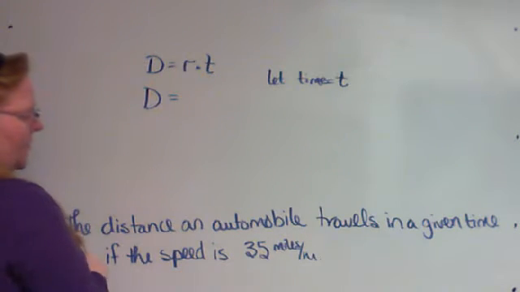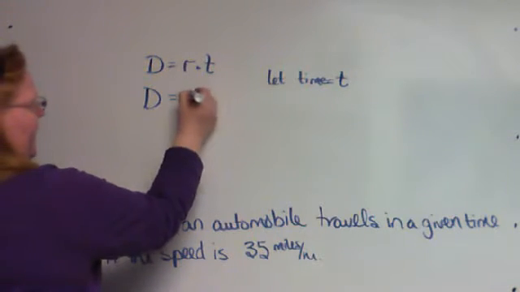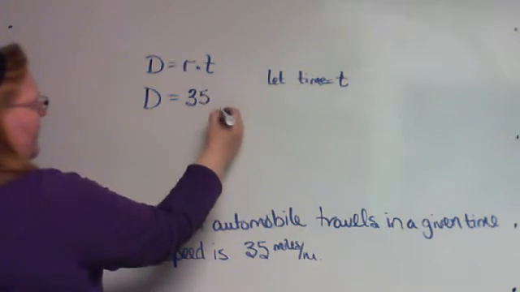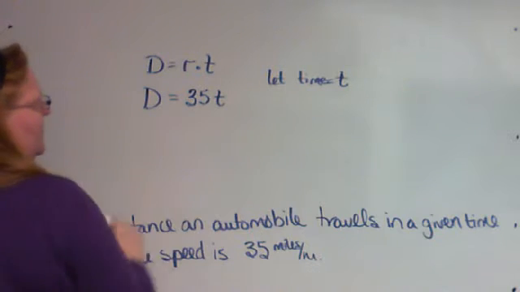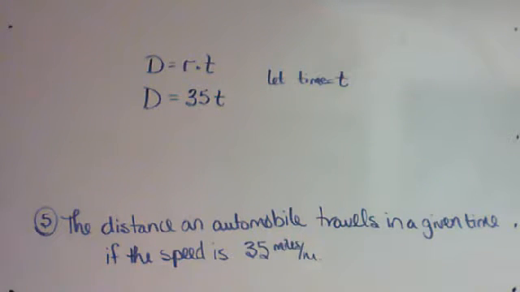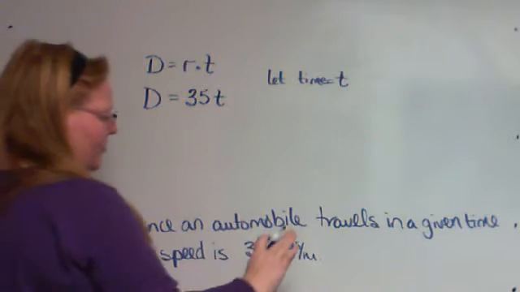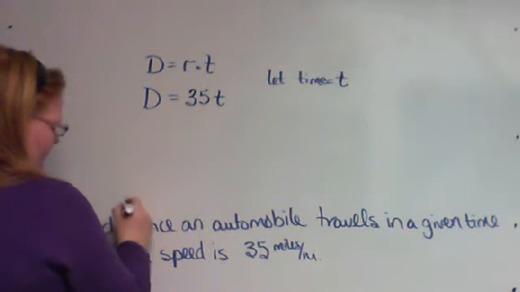If the speed is 35, where do I put my 35? Well, that's my R. We talked about that. So I put 35T. So D has to equal 35T. Let's say they said in the problem that the distance was 15 miles.